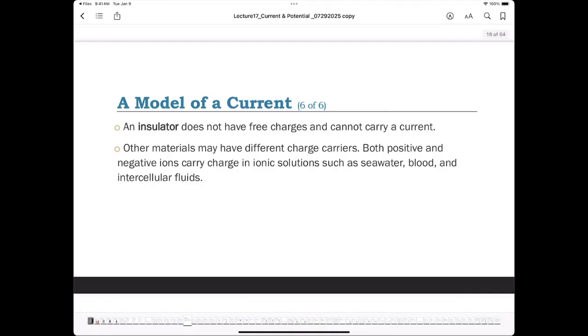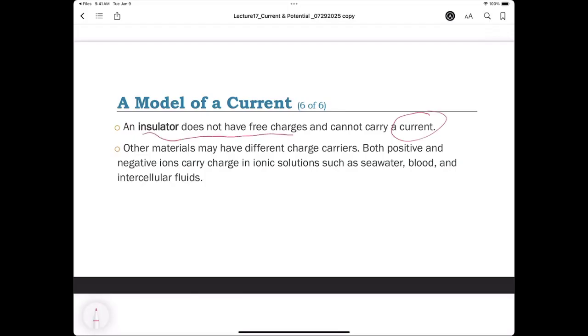But if you connect some clothes or some paper, there is no current, if you do some labs about that. That's because the insulator does not have free charges.